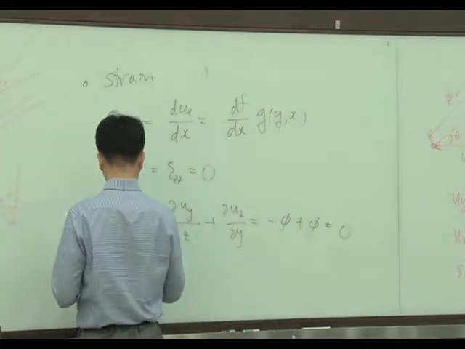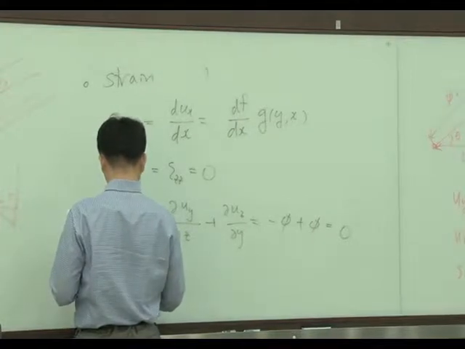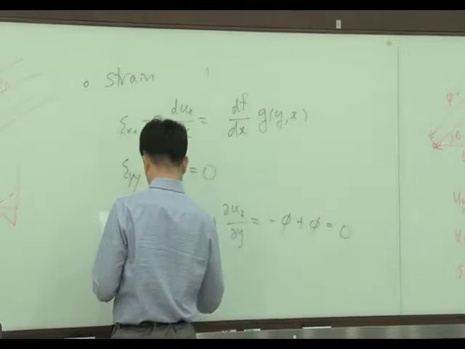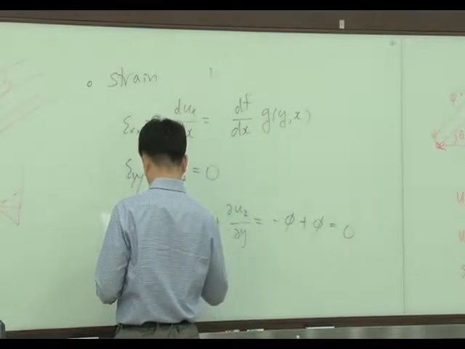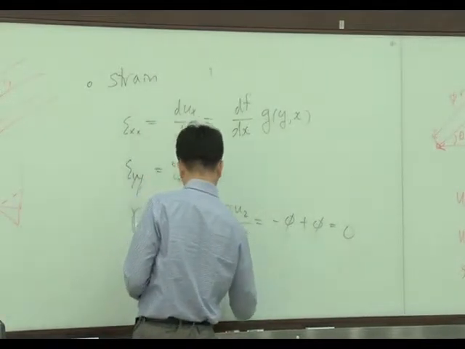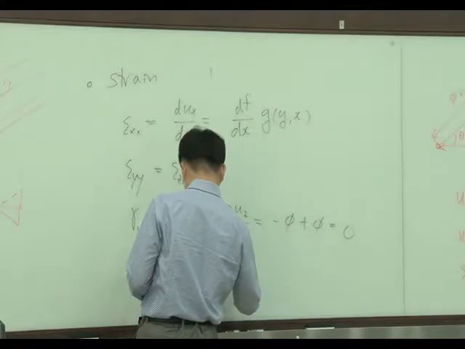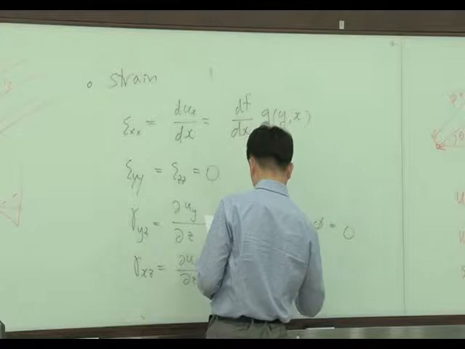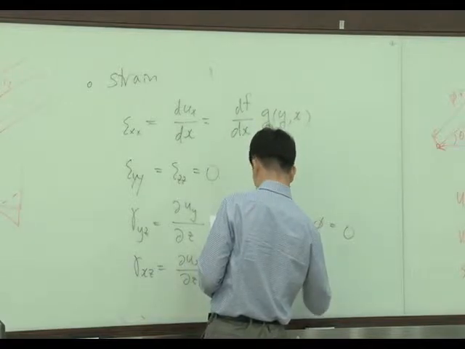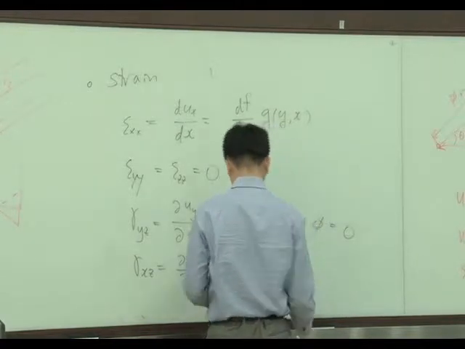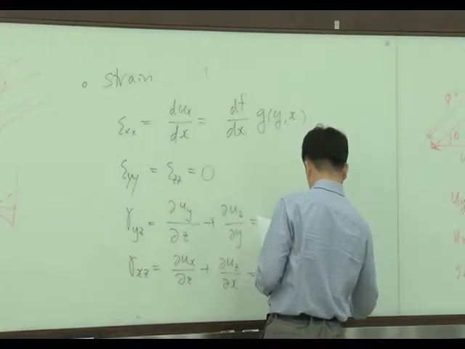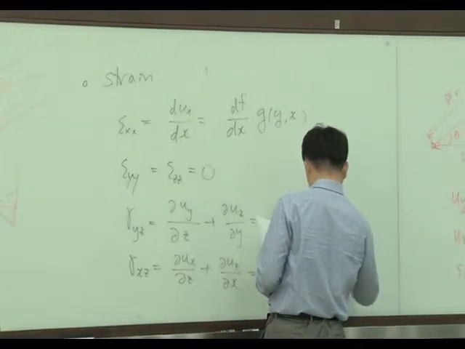And gamma xz becomes ∂ux/∂z plus ∂uz/∂x, equal to f ∂g/∂z plus yφ'.